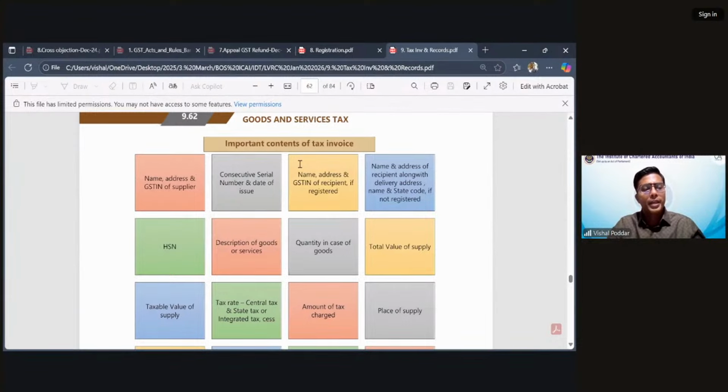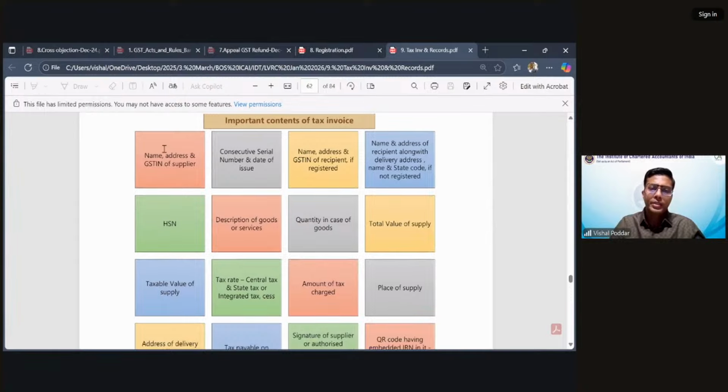Now, the second part is, what are the important contents of this invoice? These are some of the prescribed contents as per the rules. These have to be compulsorily present in the invoice unless the law has given you relaxation. Now, what are these important contents?